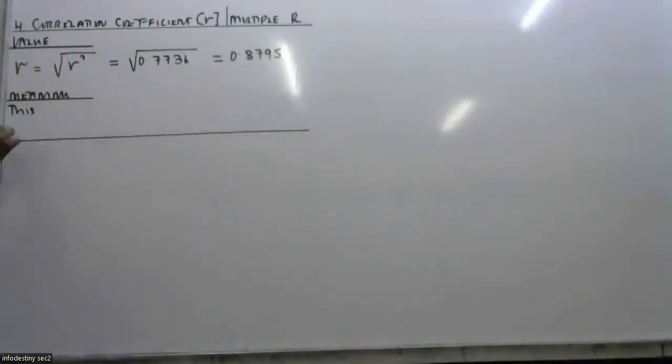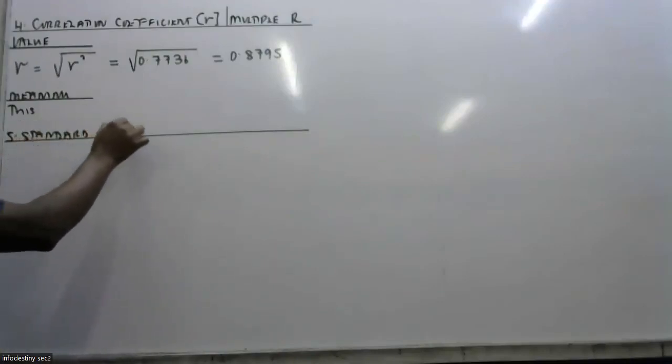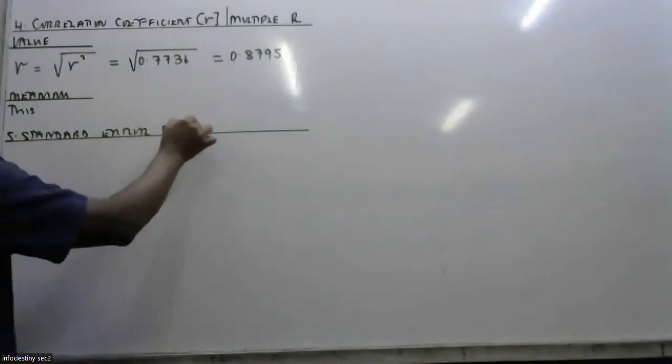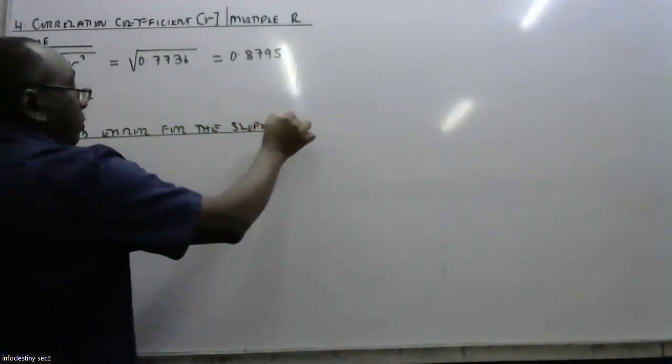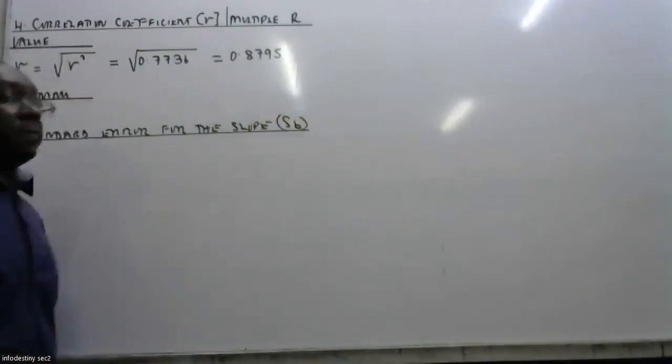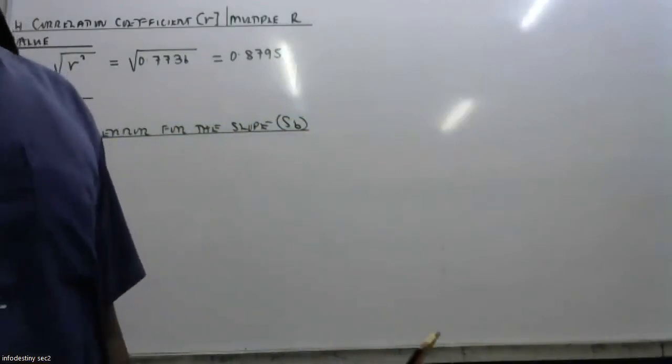Number 5, we're going to the standard error for the slope, SB.